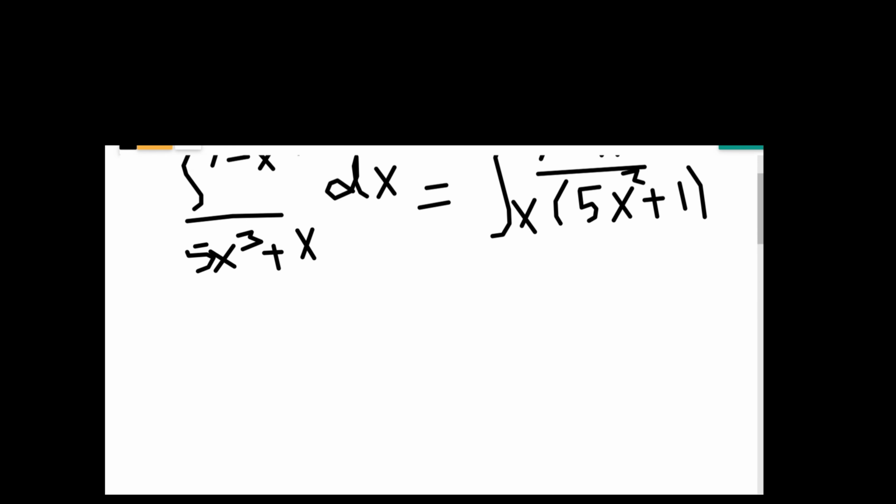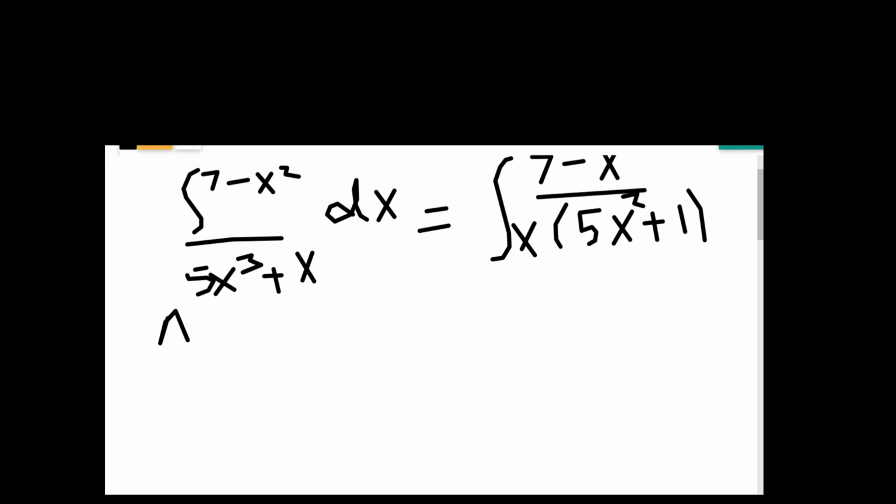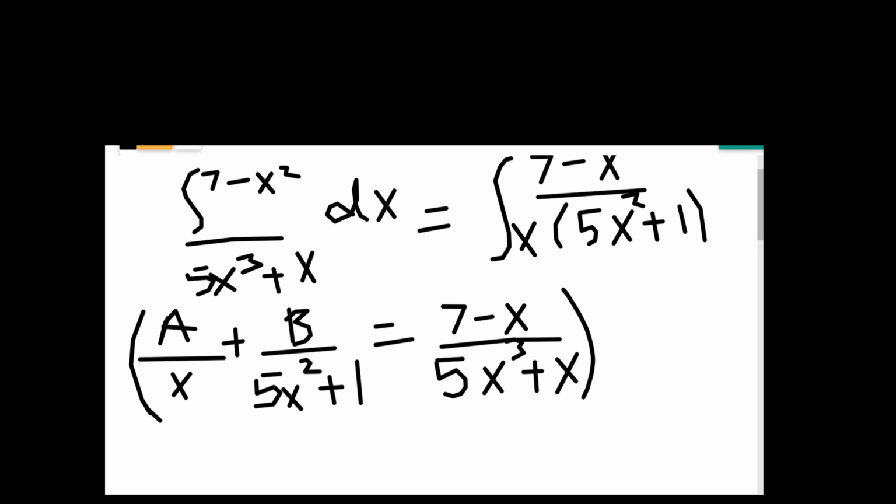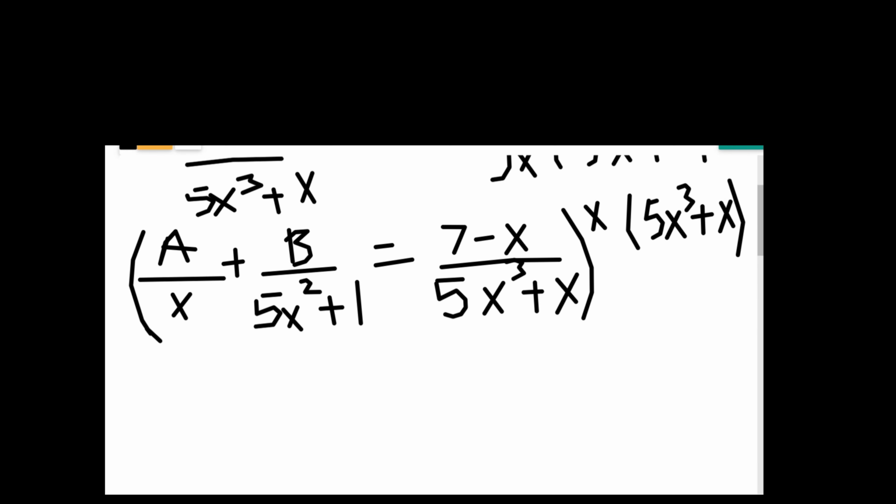So if we put it in the form that we've been using so far, we would have a over x plus b over 5x squared plus 1 is equal to 7 minus x over 5x cubed plus x. So now we're going to multiply this whole expression by 5x cubed plus x. Just a standard procedure.